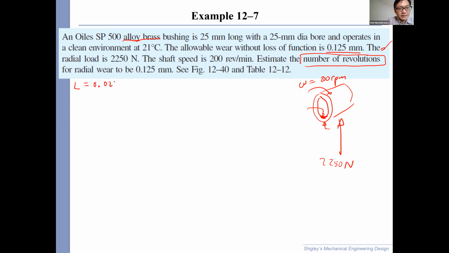So length, we're going to do everything in meters. Okay, I suggest you take a sheet of paper and write down as if you're in class. It just helps you focus. Okay, here my wear, this is W, not omega.